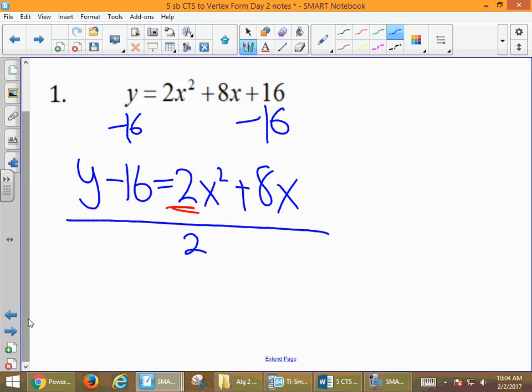And so we have y over 2 minus 16 over 2. So what is 16 divided by 2? 8. So we'll have y over 2 minus 8, and this equals 2 divided by 2 is 1, and that's the leading coefficient that we wanted. So we're going to have x squared, and then what is 8 divided by 2? 4. So we have 4x.